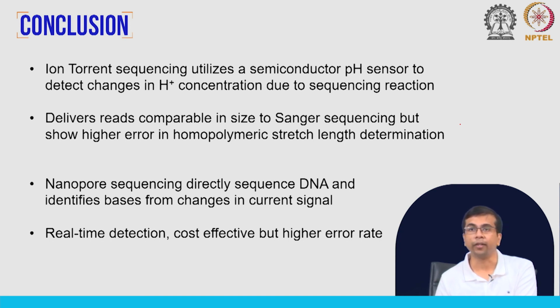It is very cost effective because we do not have any polymerase or dNTP involved. But we have a higher error rate, and this is being addressed now by the addition of more detectors, and also by doing something like 2D or consensus sequencing, which will help in better accuracy.